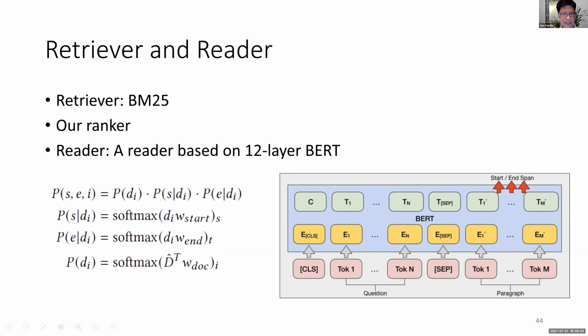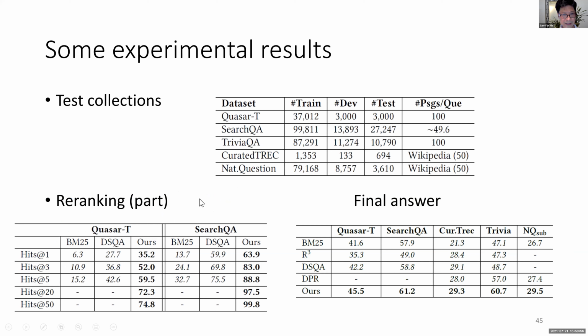Okay. So some results very quickly, and the results are on those data sets, which are data sets for open domain question answering. So we compare with only BM25, where we just use BM25 to rank the passages, or we use an existing system, DSQA, that tries to rank the passages in a different way using the supervision of the noisy signals that just tell whether the passage contains the answer or not.